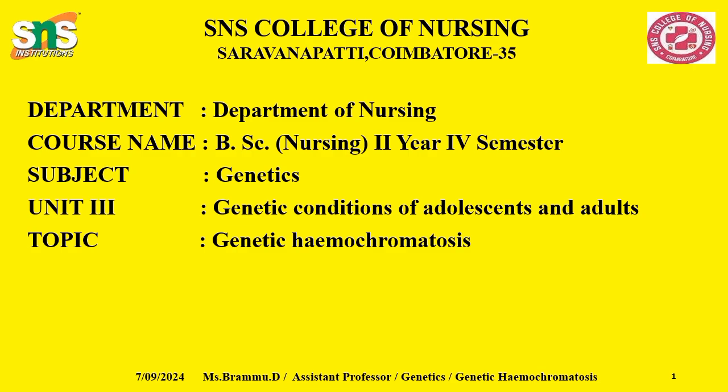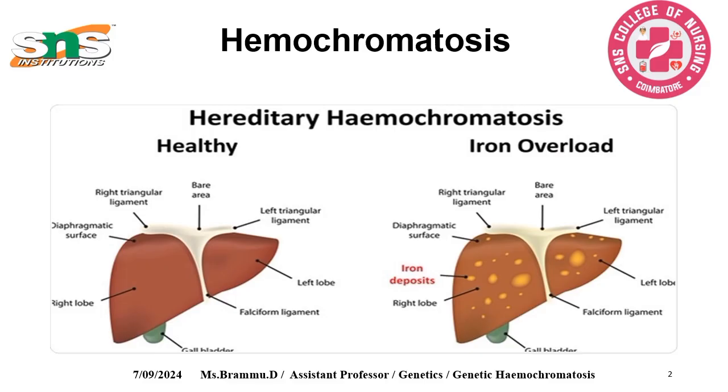So this is actually the buildup of iron, or otherwise we call it iron overload, which can cause many unpleasant symptoms to a client in many parts of the body, such as the liver, joints, pancreas, and even the heart.